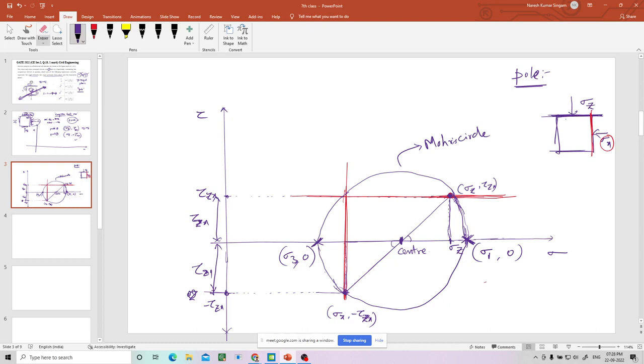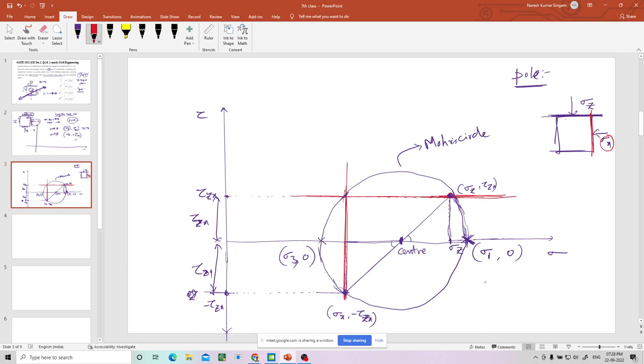Okay, let me draw again. So this is sigma 3.